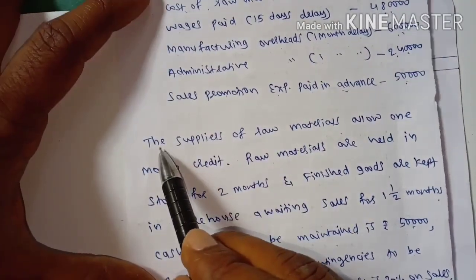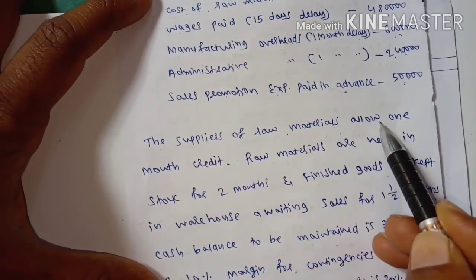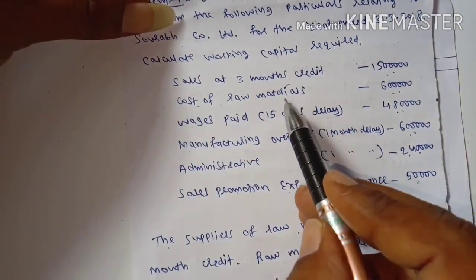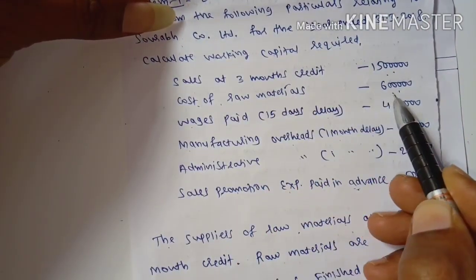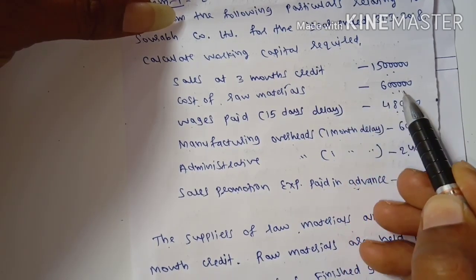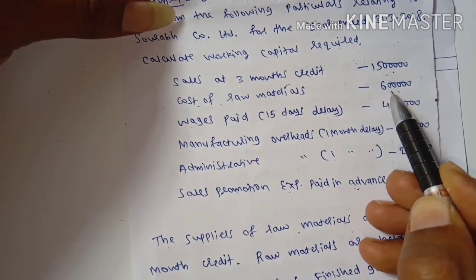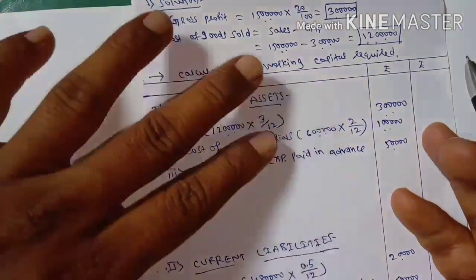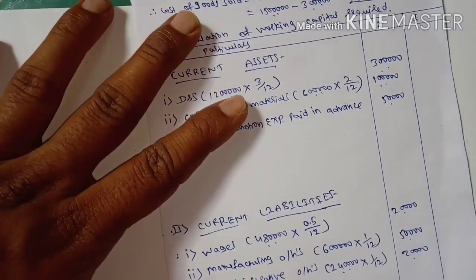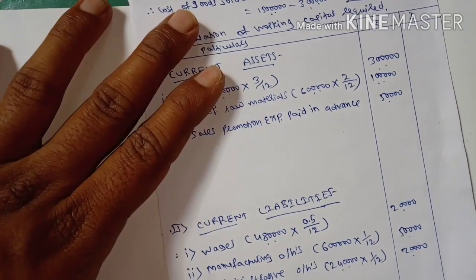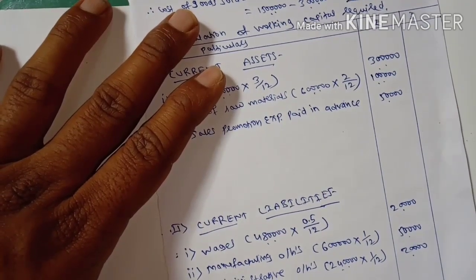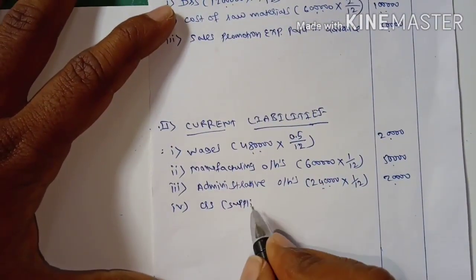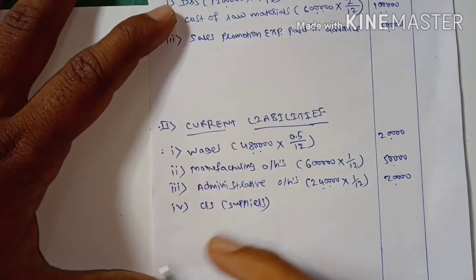Then the suppliers of raw materials allow 1 month credit. Okay, so whatever raw materials are supplied by the suppliers, they have allowed 1 month's credit. So this is nothing but creditors. Creditors allowed 1 month credit. So creditors are recorded in current liabilities. So I will write over here, creditors or suppliers.